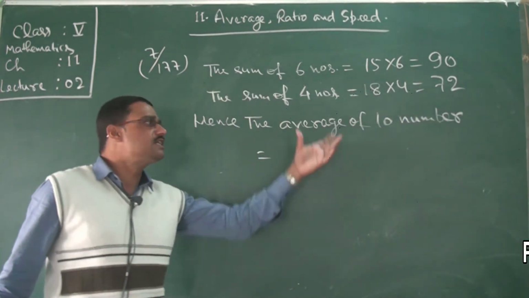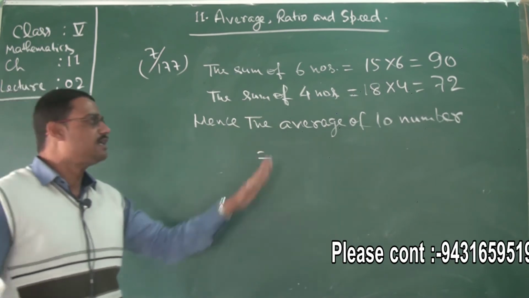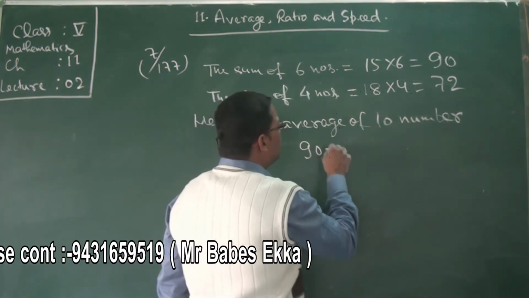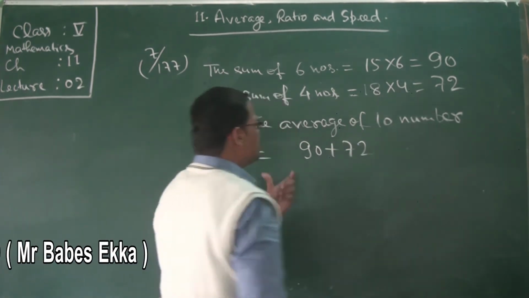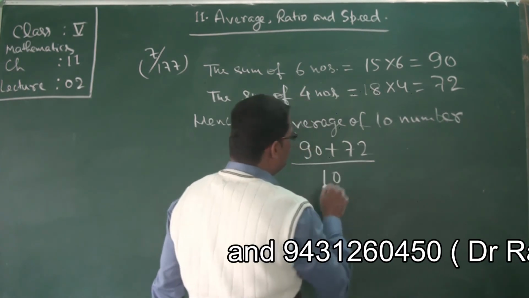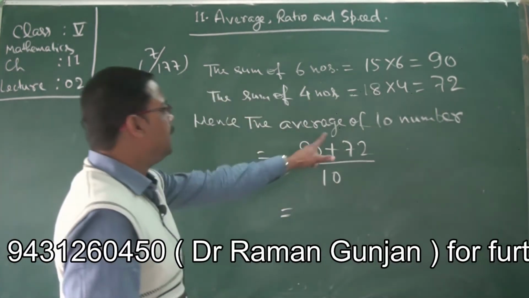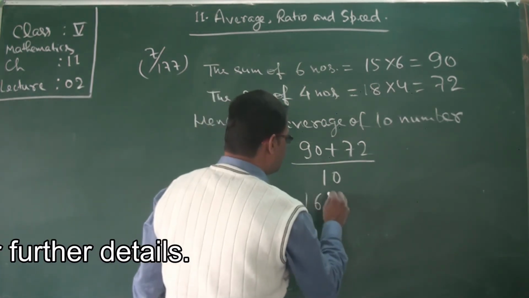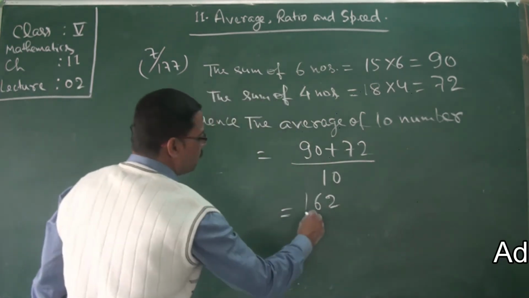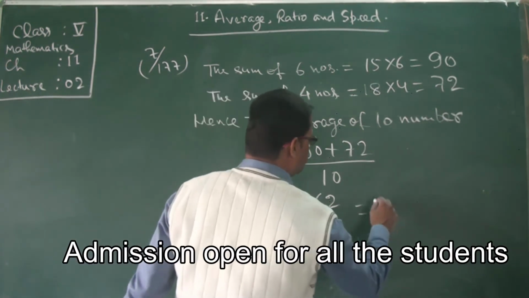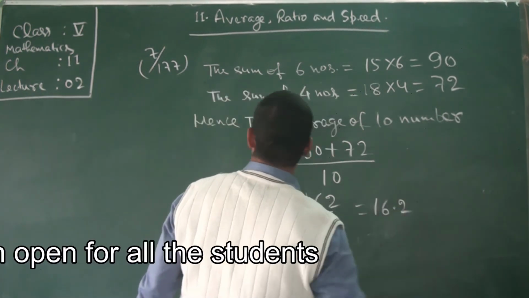If you find the sum of both the sums and divide it by 10, you will get the average. 90 plus 72, this became the sum of 10 numbers, and divide this number by 10. 90 plus 72, that is 162 by 10. If you find this number in terms of decimal, you will get 16.2.